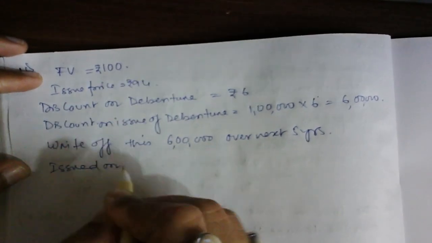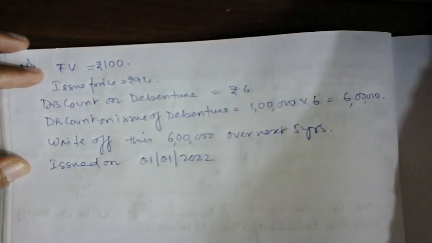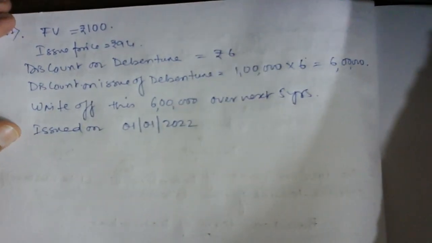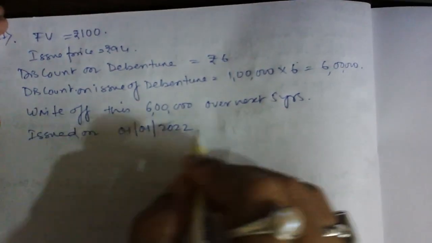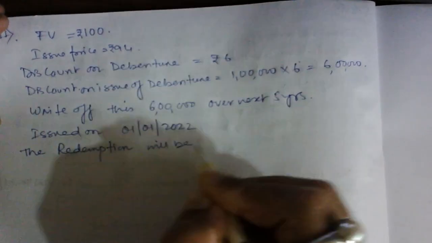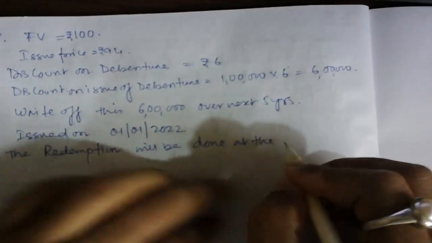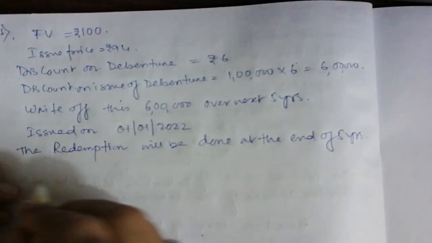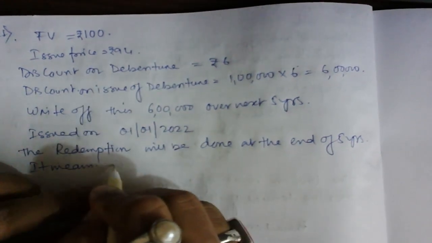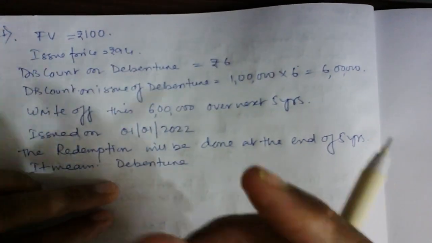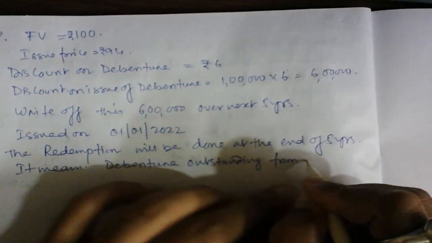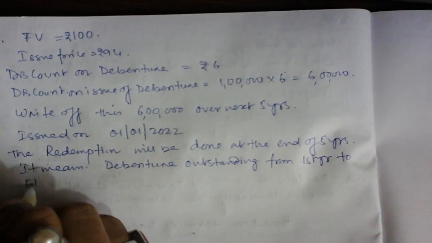Issued on 01/01/2022, 1st Jan 2022. करेक्ट, ये इशू किया है. सो राइटिंग ऑफ कैसे करेंगे वो देख लेते हैं एक बार. देखिए सबसे पहले, as the redemption will be done at the end of 5 years, it means the amount of debenture outstanding from the first year to the 5th year remains the same.